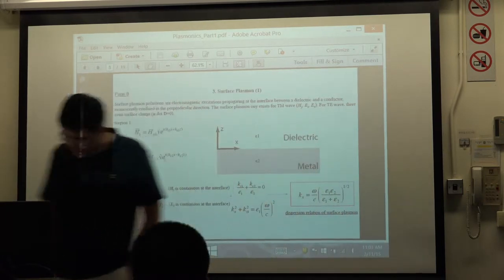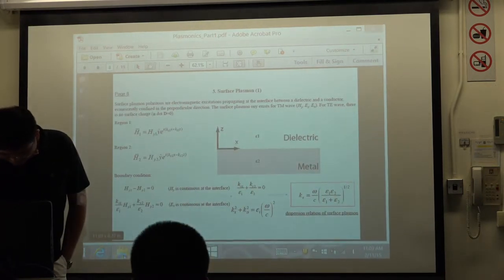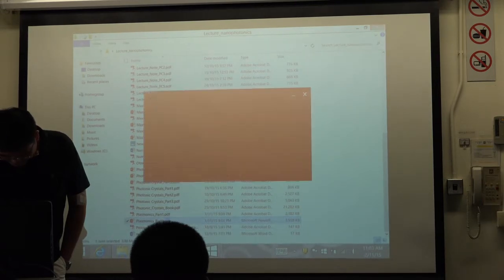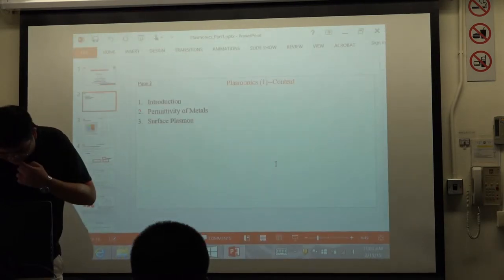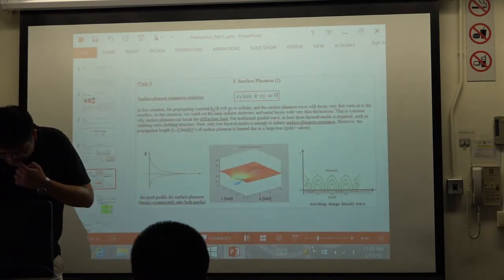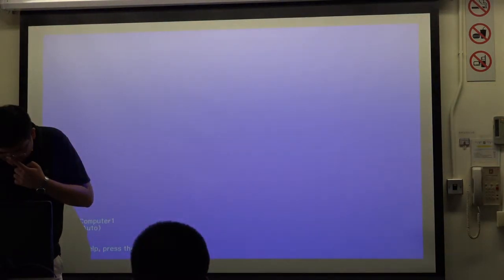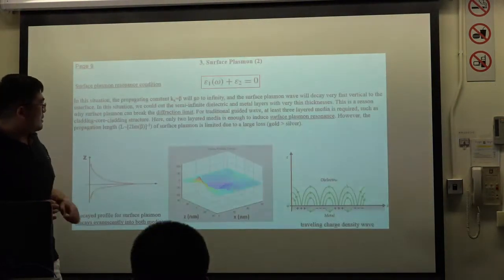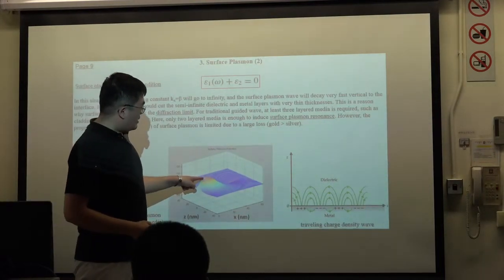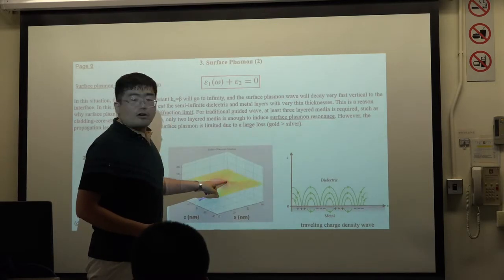I showed a movie that I drew myself. This is an eigenmode, not an excitation solution. You can say this is the plasmon. First it propagates along this direction, and when it decays it has loss, right?